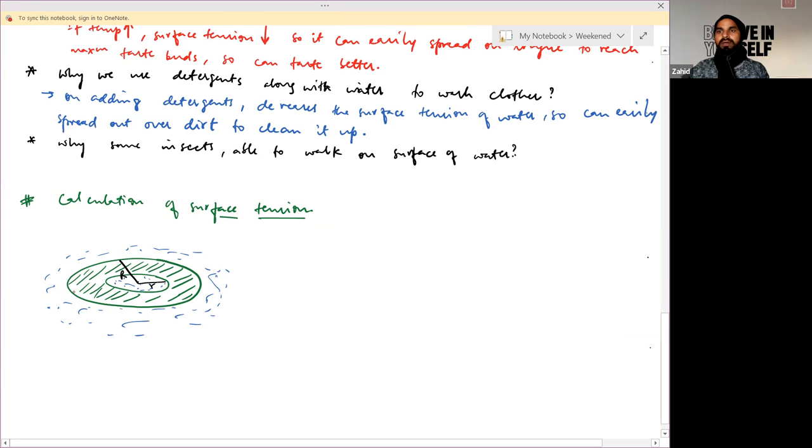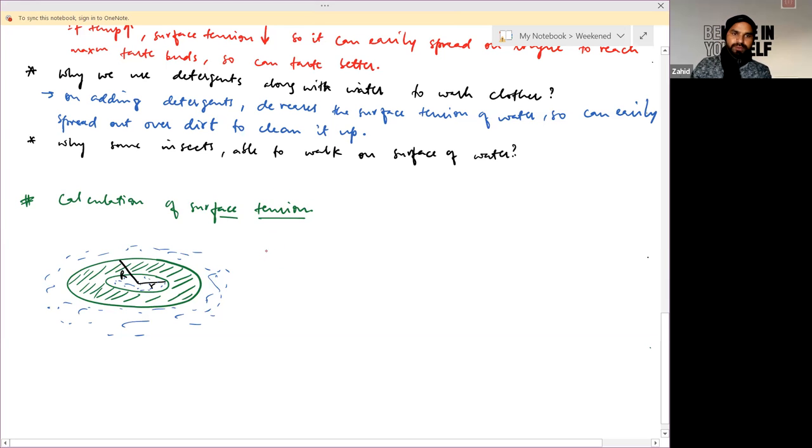That is due to the adhesive interaction, or you can call it surface tension. So the extra force applied over this body will be to overcome this surface tension.